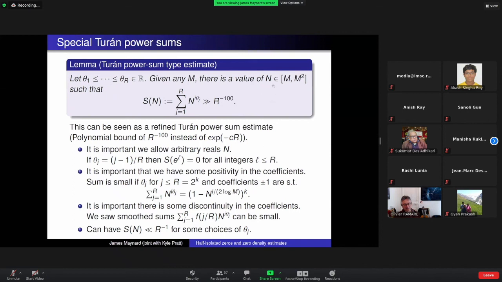Similarly, our method will give something a bit better than 100, although we haven't really optimized it. There's clearly still quite a large gap between the constants. The constants don't matter at all for our applications, but I would expect that neither the upper bound nor the lower bound are correct, and I really don't know where it would lie in the middle. Okay.